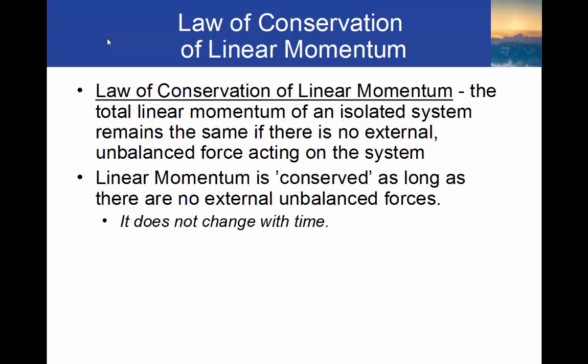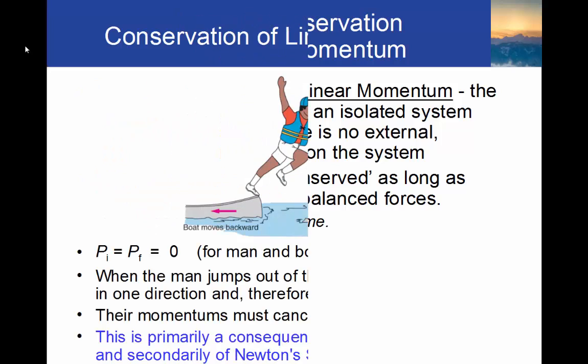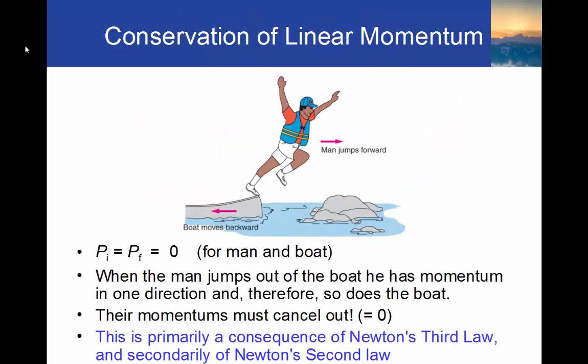And this problem has qualified that there are not any external unbalanced forces that act on the system. So that means that the initial momentum of the system, meaning the momentum of the first boulder plus the momentum of the second boulder before the collision, has to be equal to the momentum of the system finally, meaning the momentum of the first boulder plus the momentum of the second boulder after the collision.